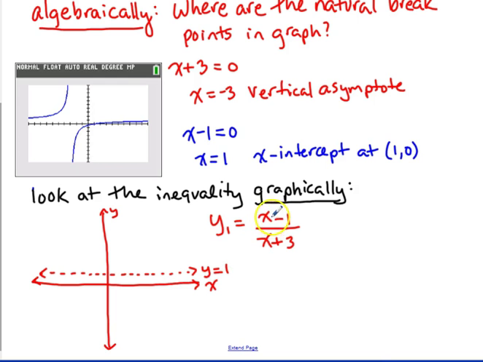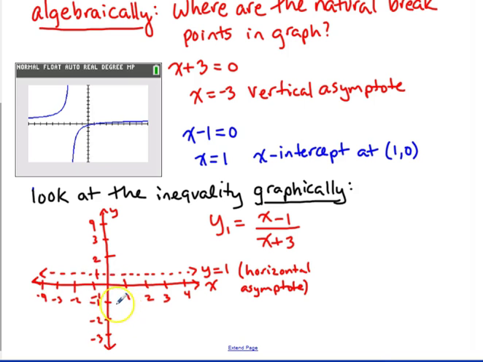Because that's the quotient of the leading coefficients, given that the degrees were equal. Okay, so we've set up our axes. We do have a vertical asymptote at -3. Now we can just show our sketch. Okay, that portion of the graph is bound by those 2 asymptotes. And then the other portion does have an x-intercept at 1.